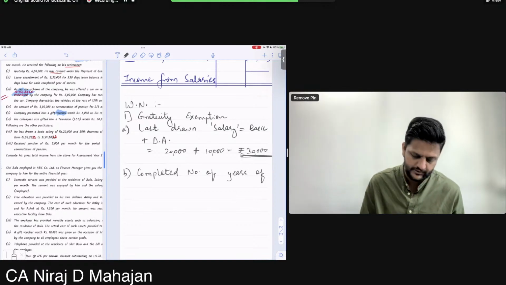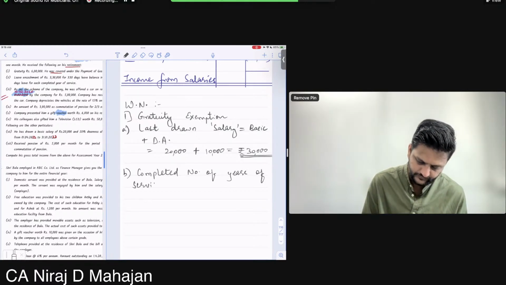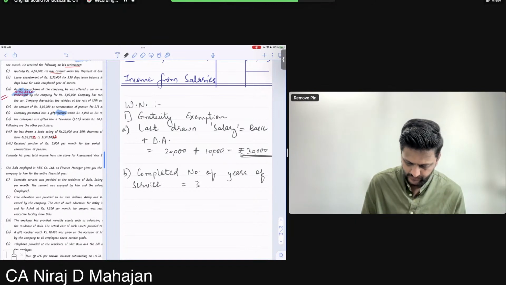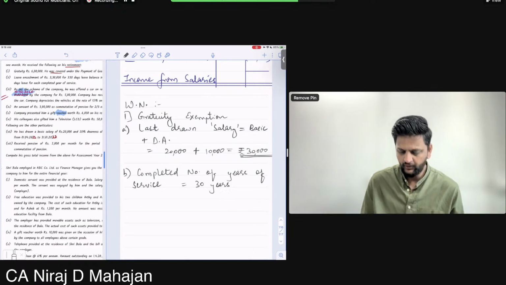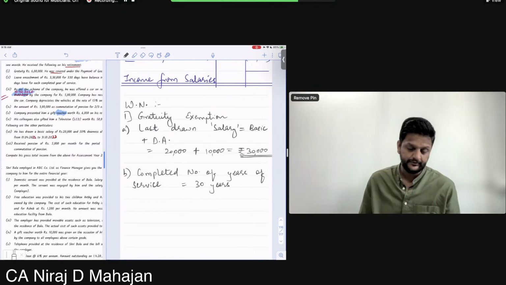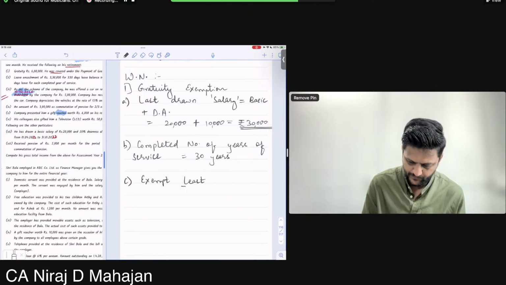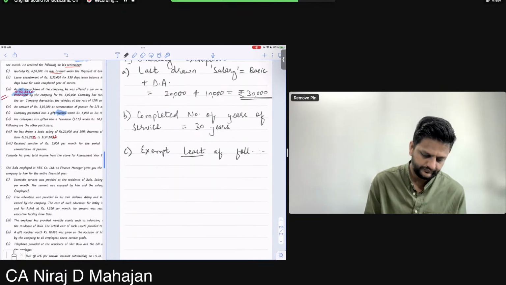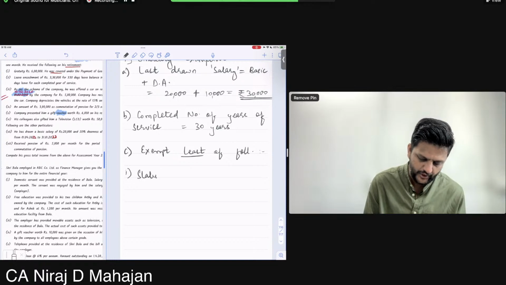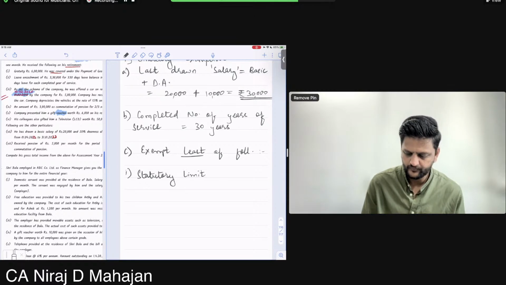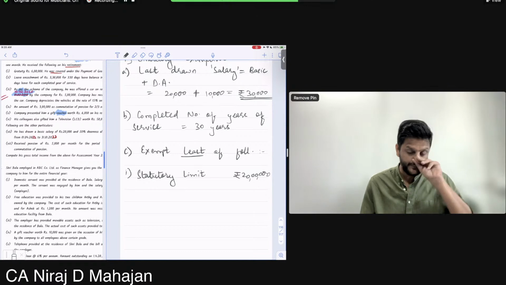Completed number of years of service, how much will we take? 30 years. And last part, it is exempt, least of the following. First one, statutory limit, how much? 20 lakhs. Okay, all of you?